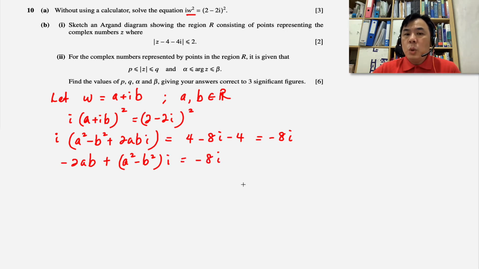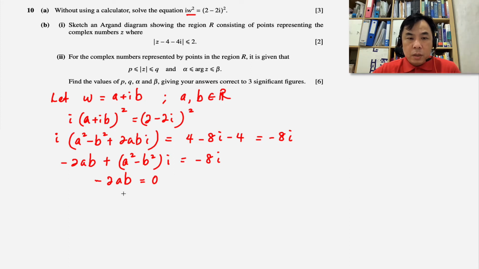All right, now through comparison, comparing the real parts with the real parts on the right hand side, and then comparing the imaginary parts, I will be able to form simultaneous equations. So the first simultaneous equation is: there are no real parts on the right hand side. That's what I have.